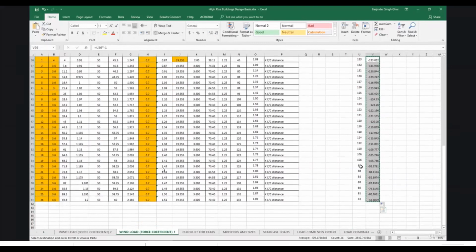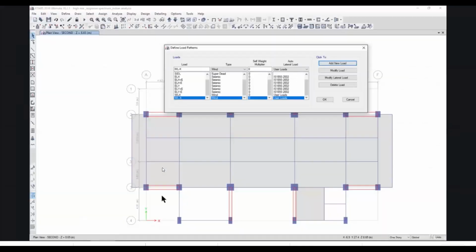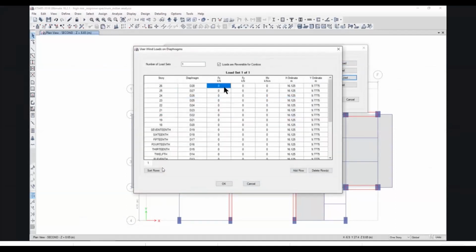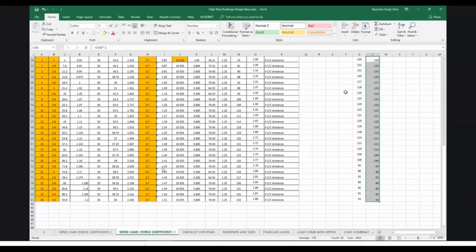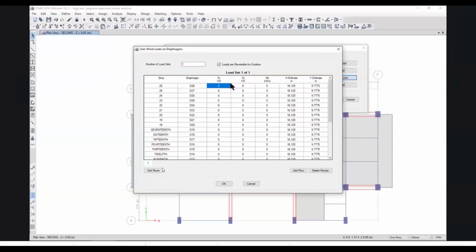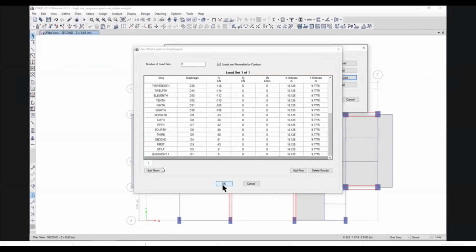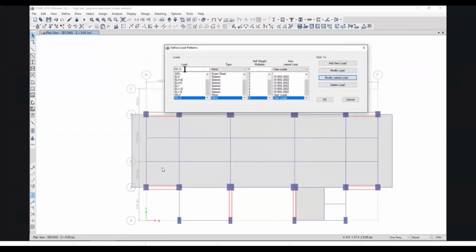Please note that these are rounded numbers, so that is why this difference is coming, but basically the value is the same. Here left click on modify lateral load and then paste all these values here. So we have now defined WL minus X also.